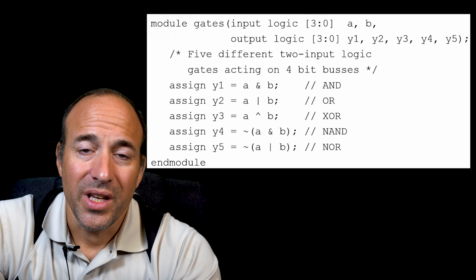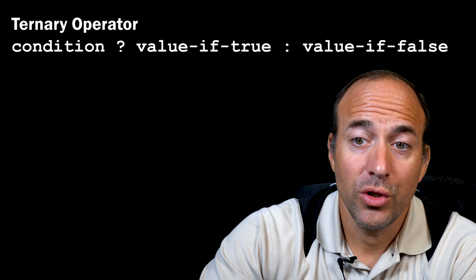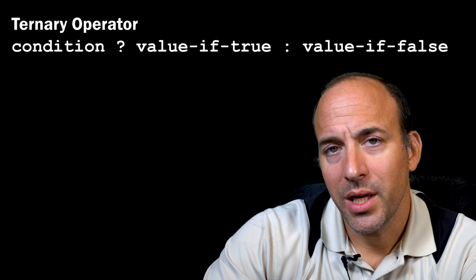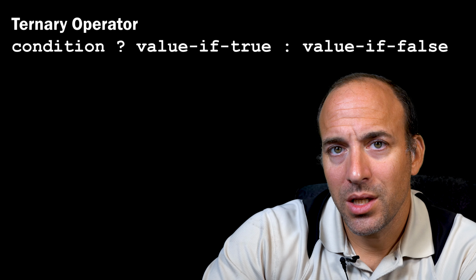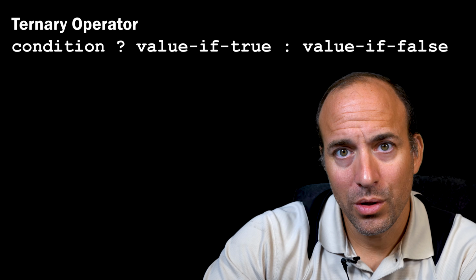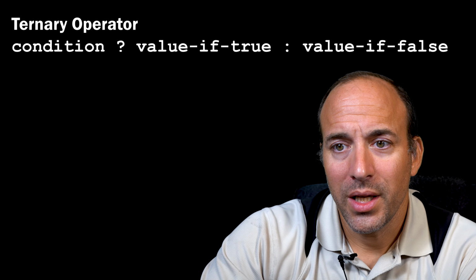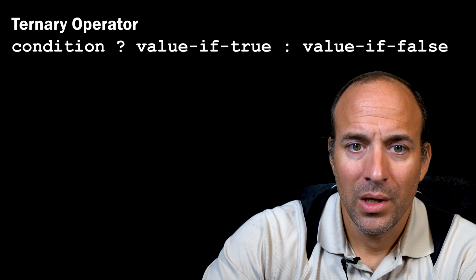SystemVerilog also supports the ternary operator, which is supported in Java and C, but is much more commonly used in SystemVerilog. The ternary operator allows an expression to evaluate to 2 possible sub-expressions, depending on the outcome of the conditional expression. The syntax is the condition, followed by a question mark, and then the expression if the condition is true, followed by a colon, and the expression if the condition is false.